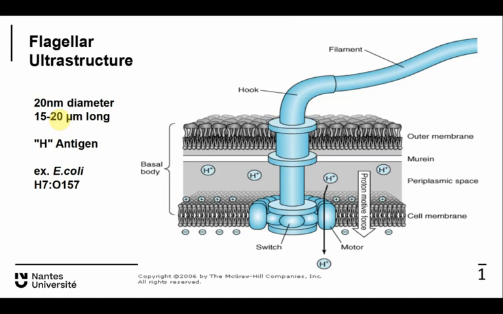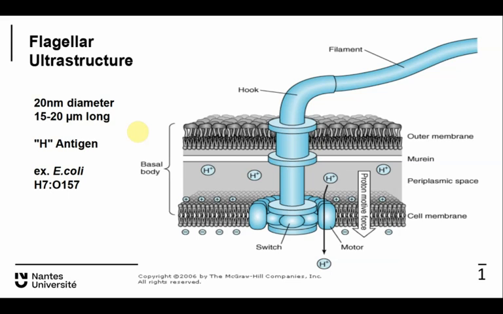Now, the flagella protein, the flagellin, this can be variable between strains of the same bacterium, and that's why it's useful for identification. So the flagellum is also known as the H antigen in bacterial serotyping.